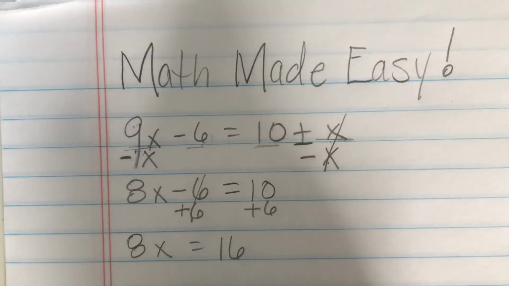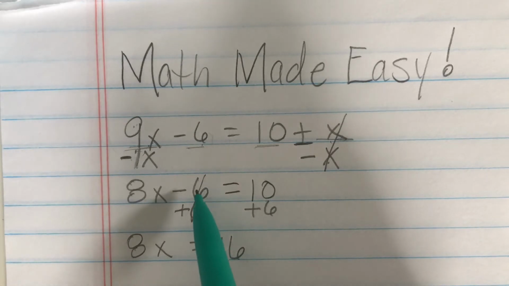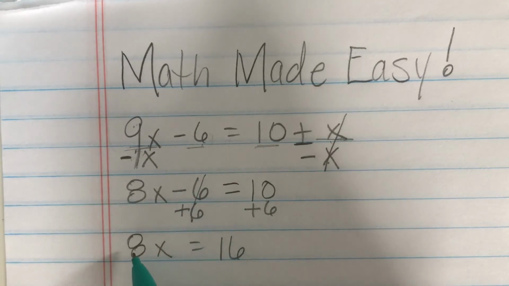Now, just like we were doing the opposite up here, if it was negative we added, we have to do the opposite down here, because remember, this is technically 8 times x. So to get rid of this 8 and solve for x, we have to do the opposite of what we're doing here. This is multiplication, so we have to divide.